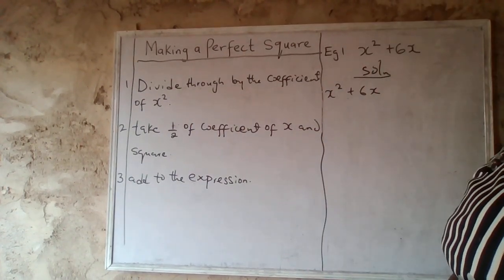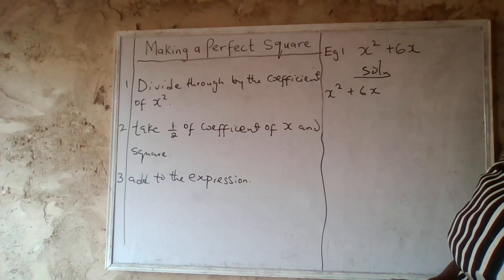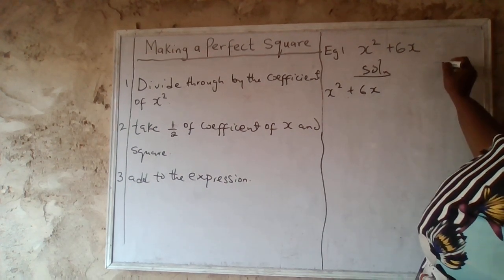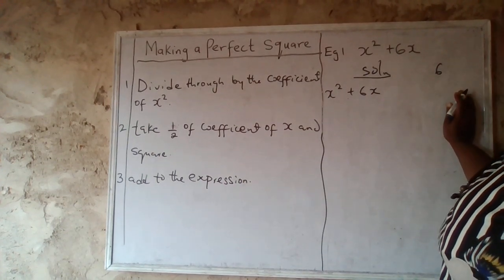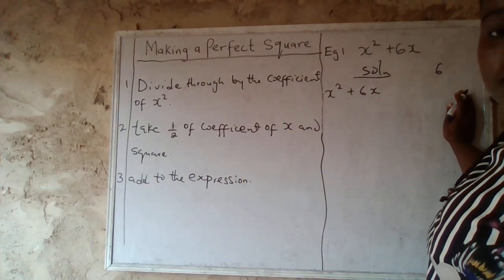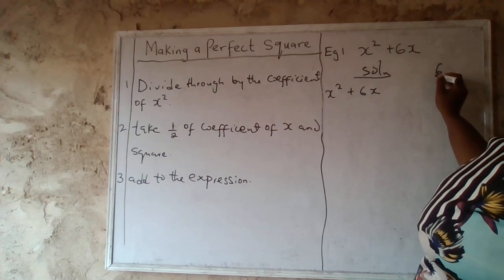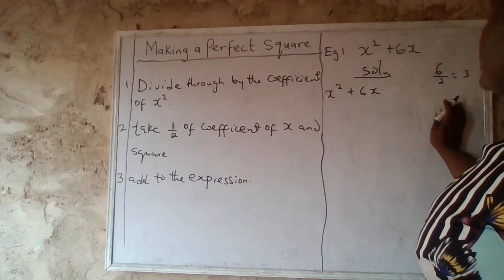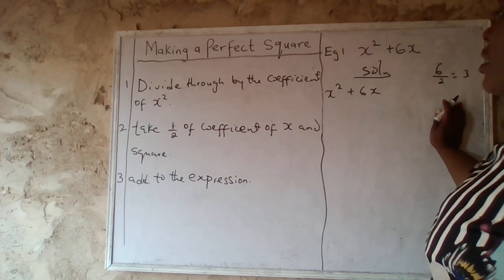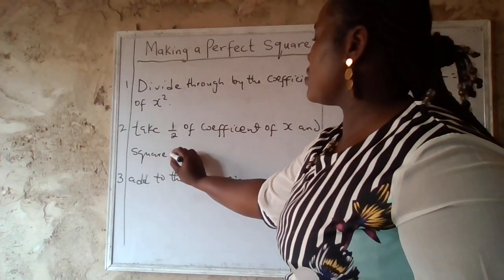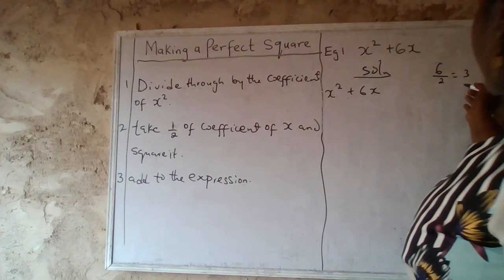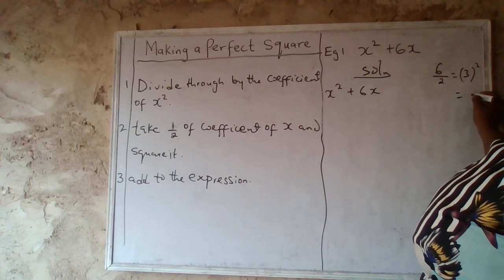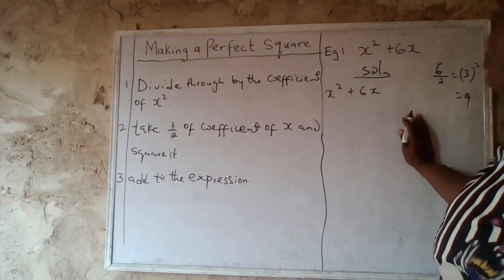The second step is to take half of the coefficient of x. The coefficient of x is 6. Let's take half of that. Taking half of that means dividing by 2, and that will give us 3. And what do we do with the 3? Square it. Squaring 3, we have 9.